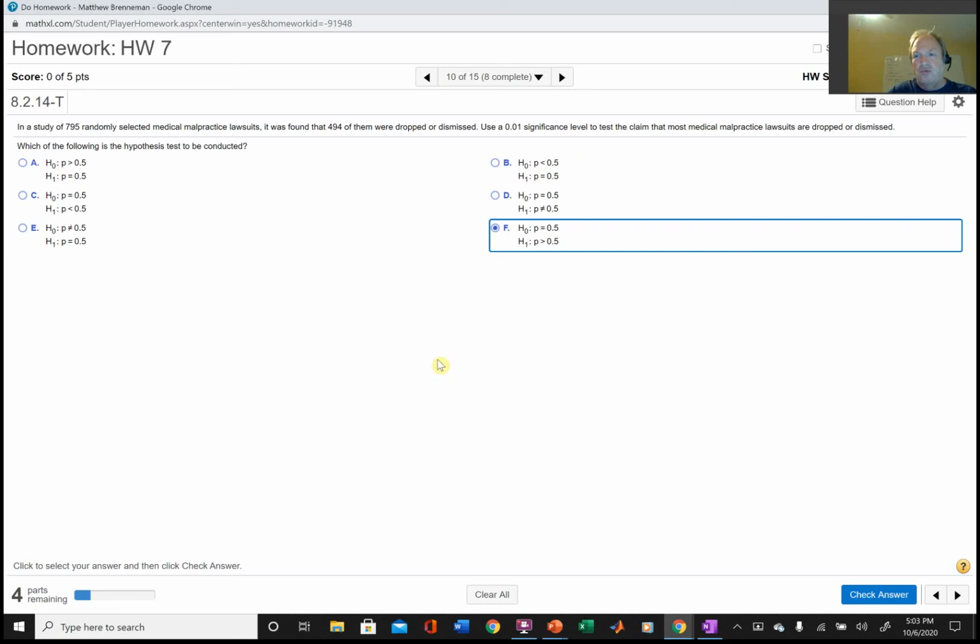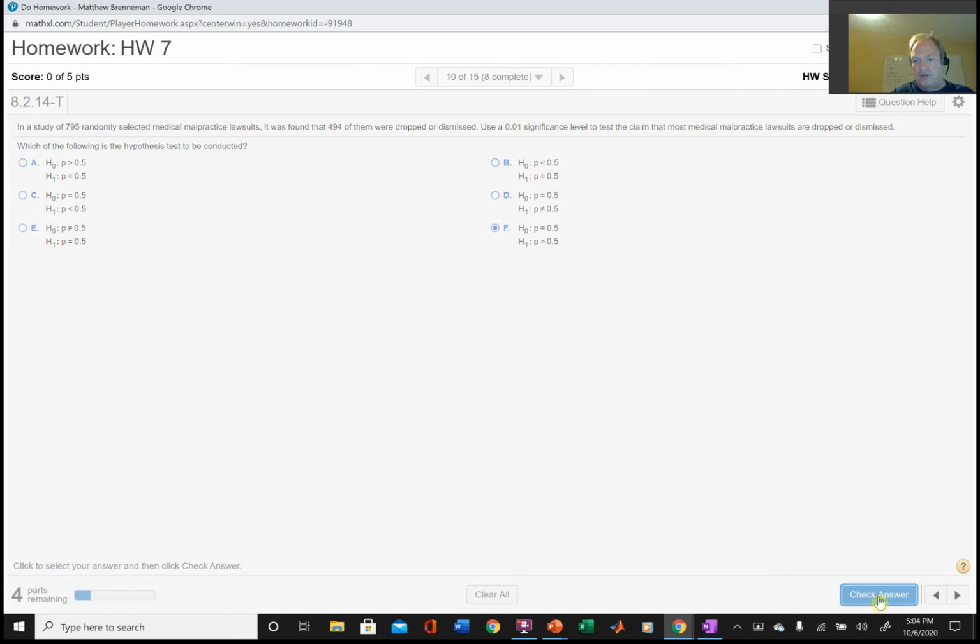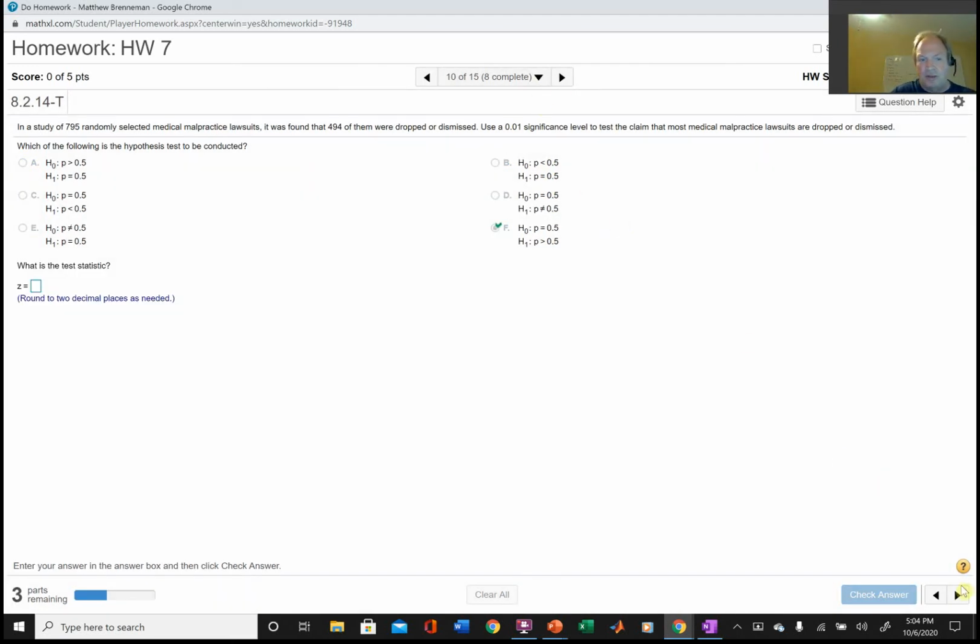And the reason why the last problem was problematic was it was a claim made by a manufacturer. So it could have gone both ways. Okay? So that's why you have to be careful. But here we're trying to prove something like in a research problem. So we're trying to prove, which is what the alternative is, that it's greater than 50%. Okay, good. And the rest of it's straightforward. Just put it in StatCrunch, blah, blah, blah.